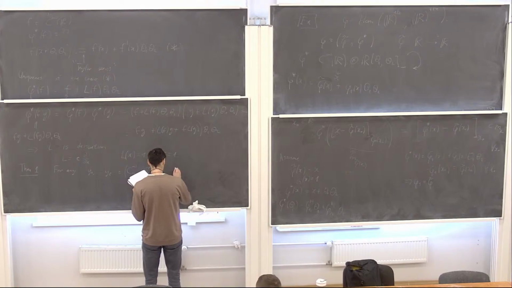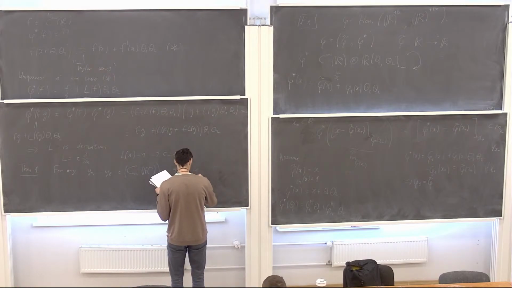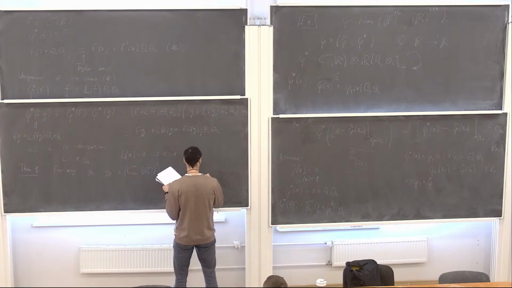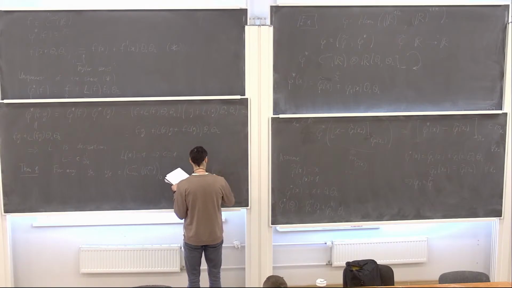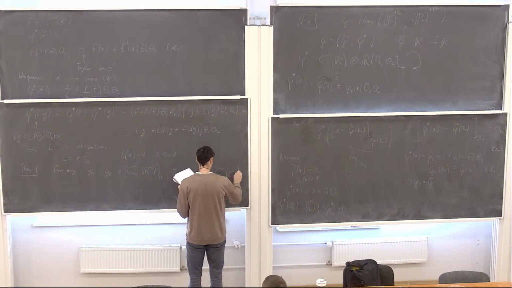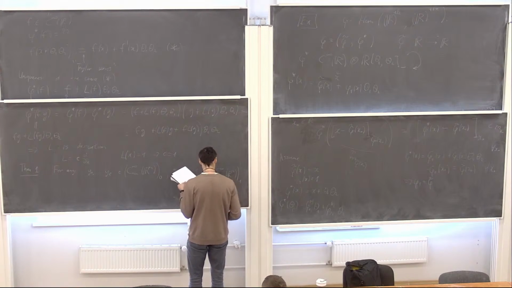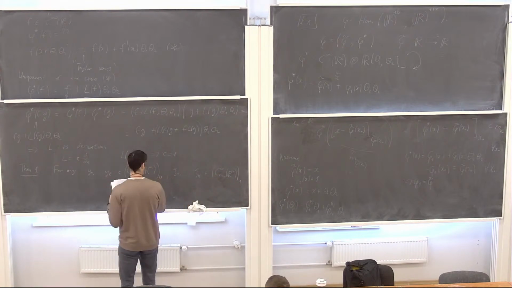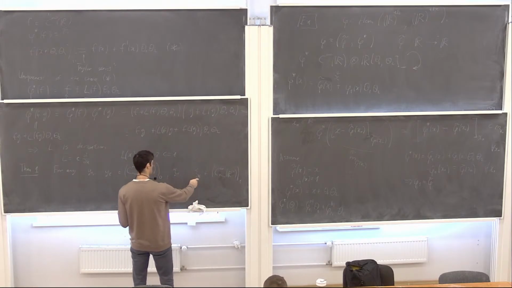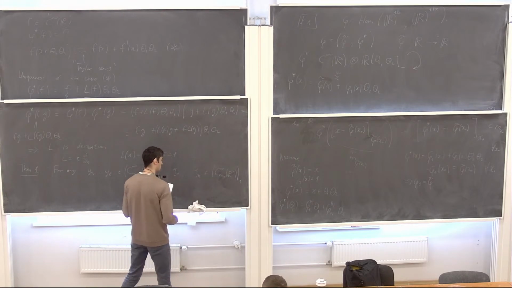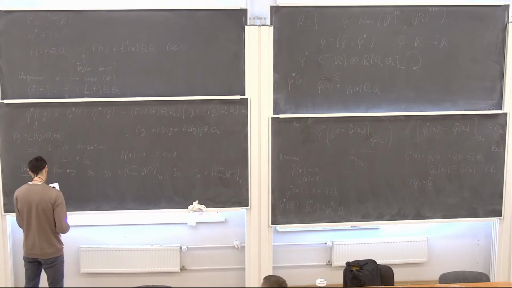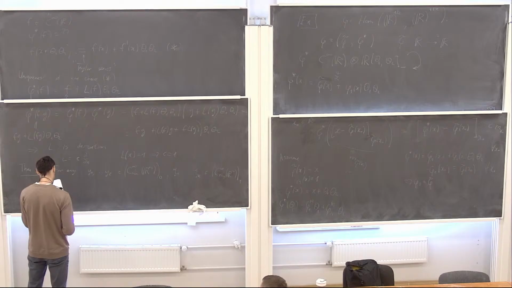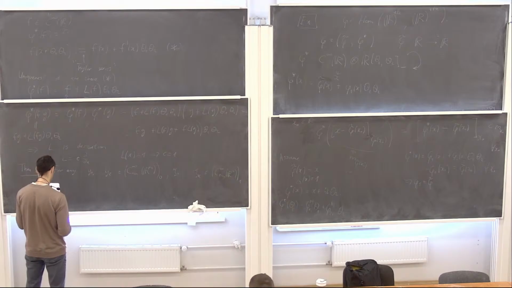And xi_1, ..., xi_k from C infinity of R^{m|n}, odd elements. I fix l even elements and k odd elements. Okay, I have some language issue here.